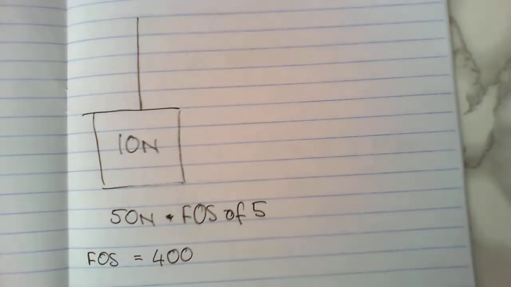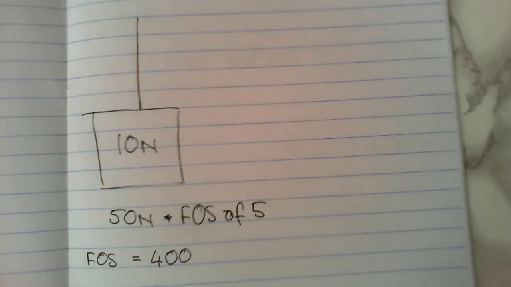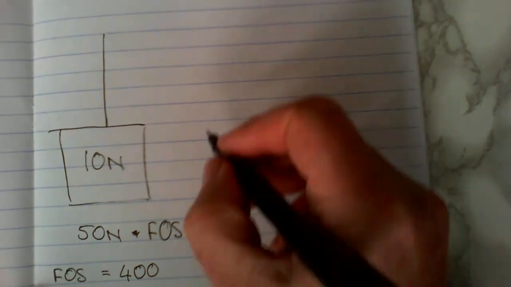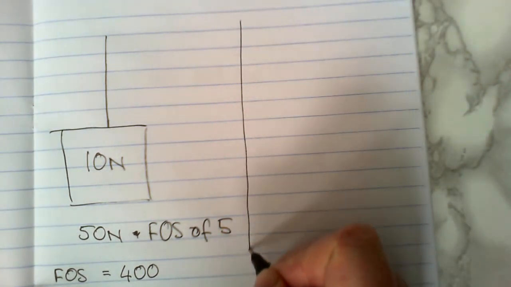So you could say, quite legitimately, that the engineer who designed with a factor of safety of 400 was taking great care that it would never break. Equally, you could say that engineer has wasted a lot of money, because a factor of safety of 400 is ridiculous. Okay, so that is the kind of question you get asked, and that is the easy way to apply a factor of safety. Let's look at the other way of applying a factor of safety.